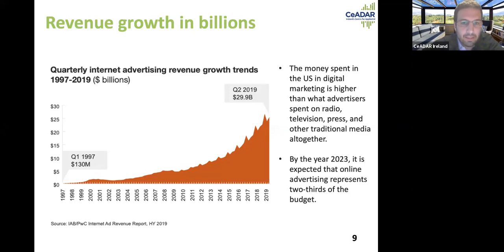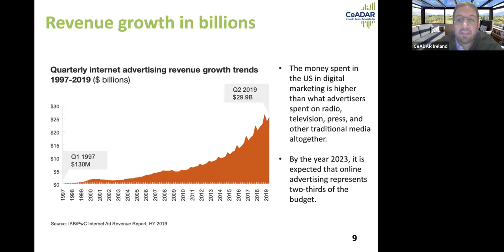And you can see that the money companies spend online is growing and growing and growing, and I hope that it will still grow. 2019 is the first year in history in which companies in the US spend more money in digital marketing than in traditional media, whereby traditional media we understand TV, press, radio, all those things put together.